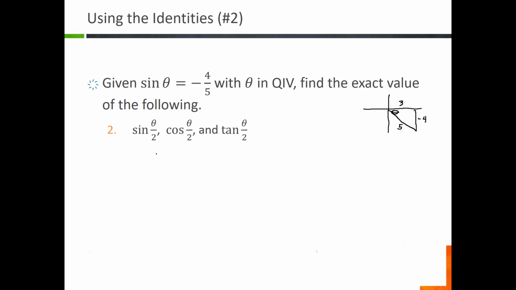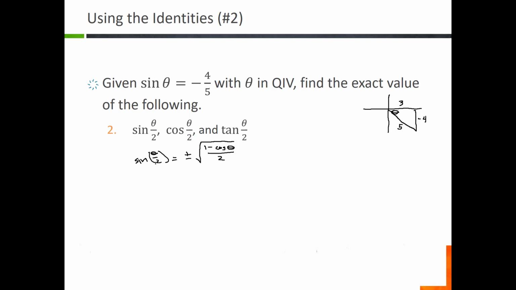Okay, so we want to figure out the sine of theta over 2. And we know that that's equal to plus or minus the square root of 1 minus the cosine of theta all over 2.